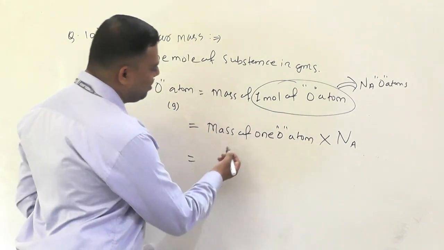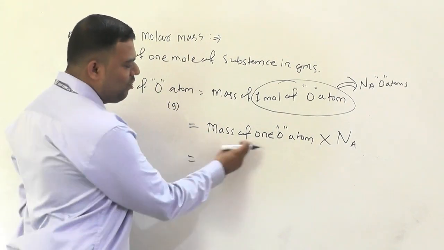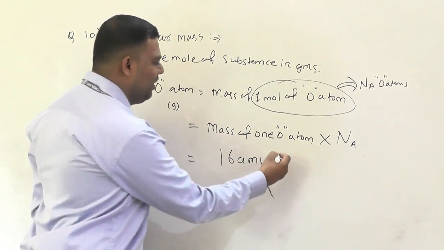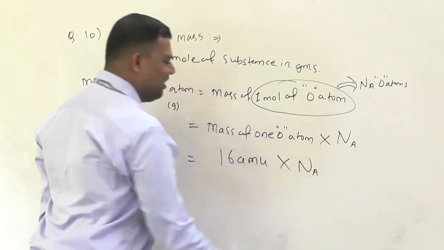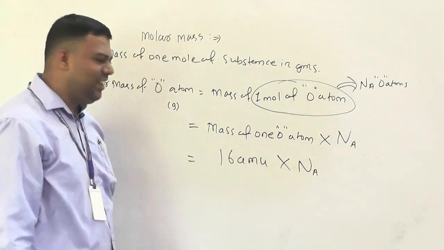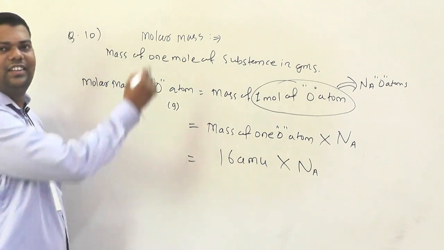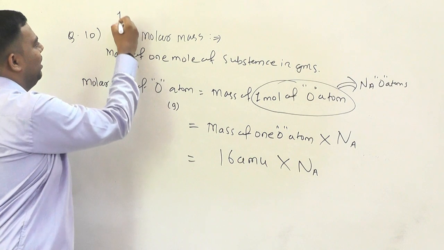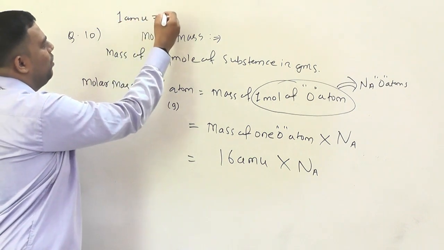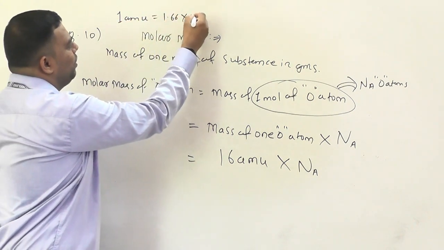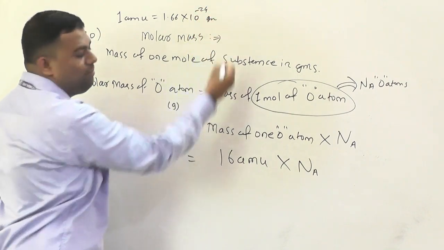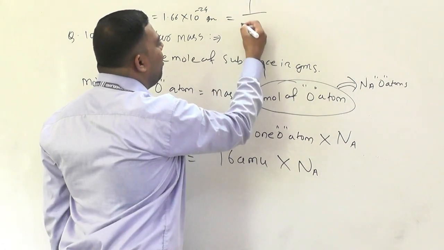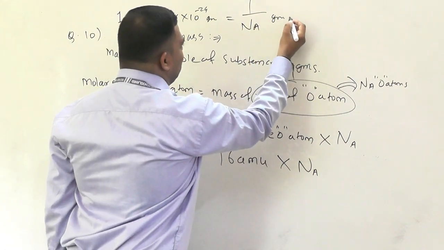As you know, mass of one oxygen atom is 16 AMU, so we write 16 AMU into Na. As we discussed earlier, 1 AMU is equal to 1.66 into 10 raised to minus 24 gram, which is again equal to 1 upon Na grams.